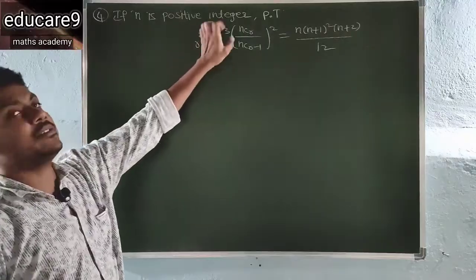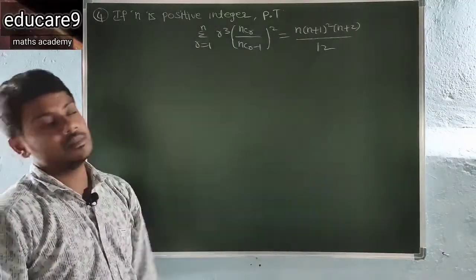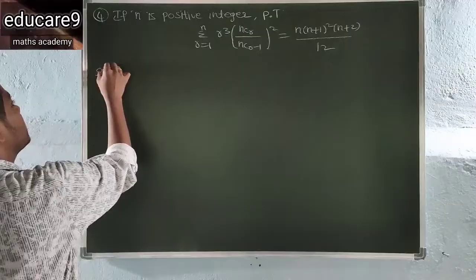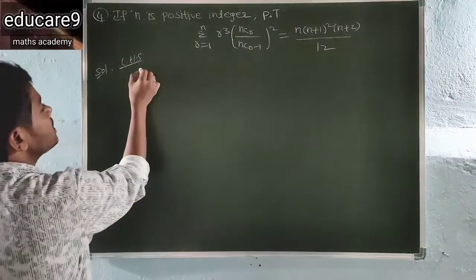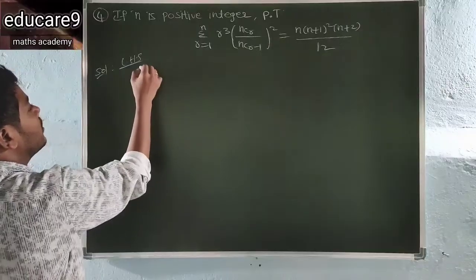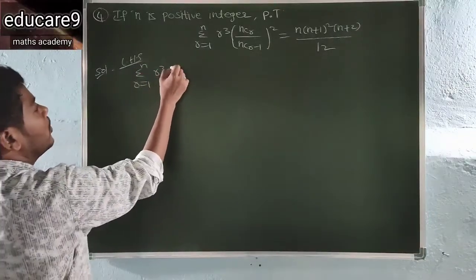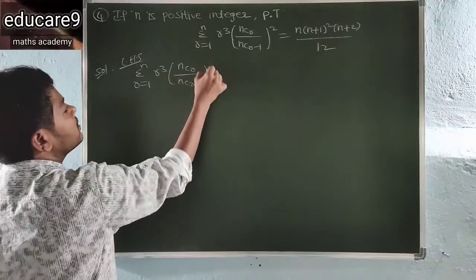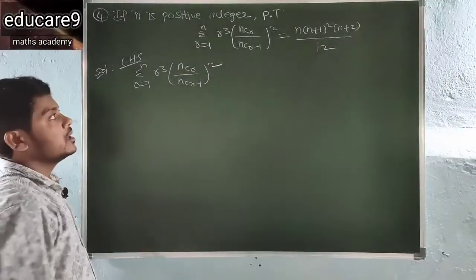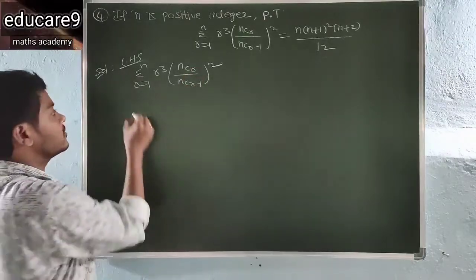If n is a positive integer, prove that this one. So see here, consider the LHS. So what is the LHS value? Summation r equals 1 to n, r cube nCr by nCr minus 1 whole square. So you know that nCr by nCr minus 1 formula.